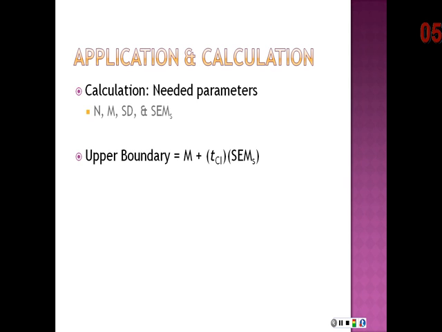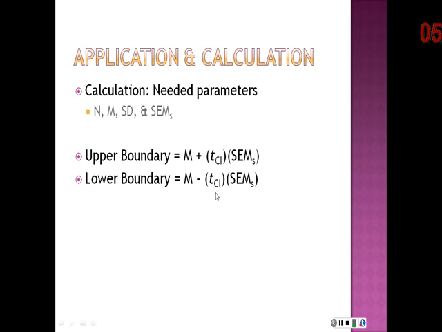And so the upper boundary equation is the mean plus the t value of the critical interval times the standard error of the mean. And alternatively, the lower boundary is the same equation, except we're subtracting the t of the confidence interval times the standard error of the mean. So it's pretty much the same equation, except we have the plus here and the minus here.